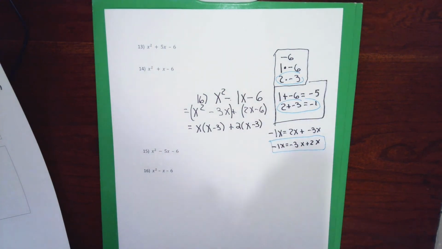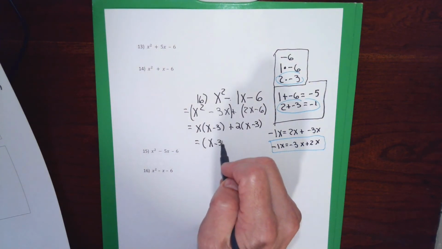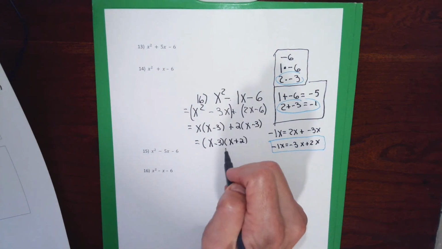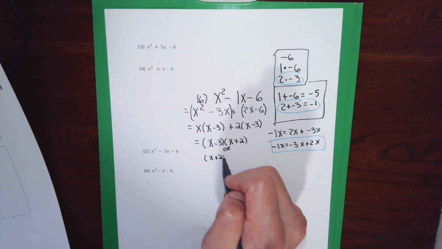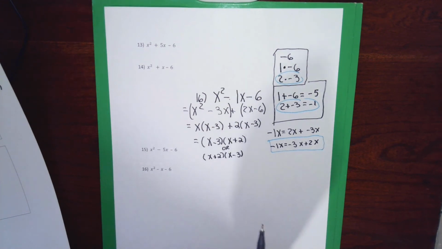If you don't get duplicate parentheses, then you haven't done these steps right. You haven't split up properly. So now this is going to be x minus 3 times x plus 2. Or, if you prefer, x plus 2 times x minus 3. You might know a way to avoid this strategy, and that would be good, because we'll learn that in a bit.